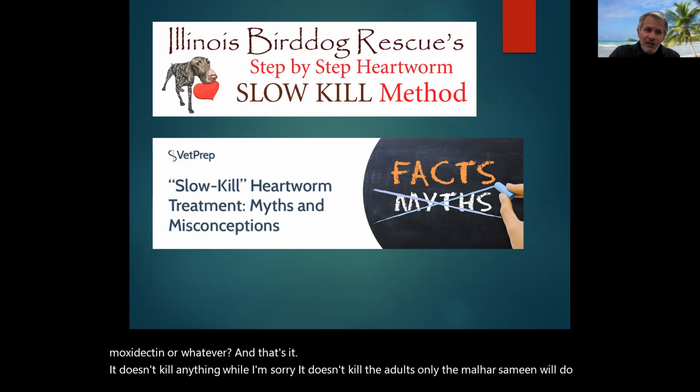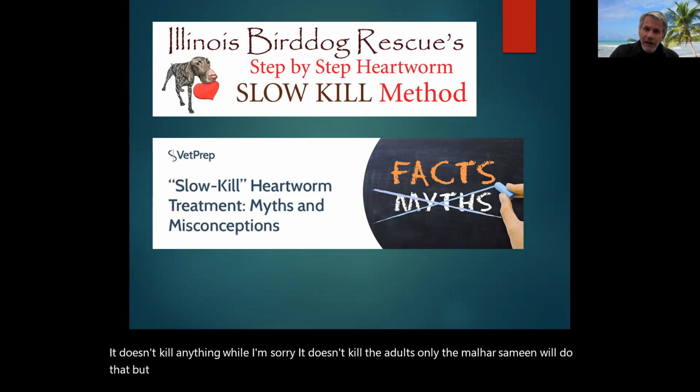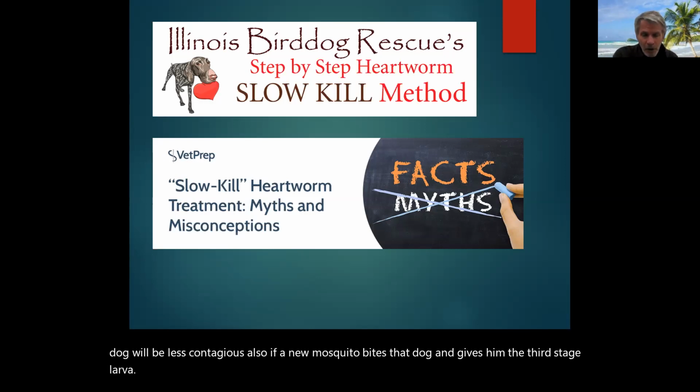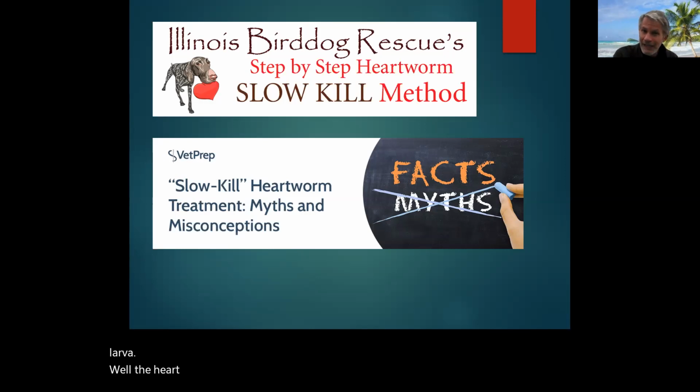But what happens is when these adults have their babies, well, it'll kill the babies, so the dog will be less contagious. Also, if a new mosquito bites that dog and gives him the 3rd stage larva, well, the heartworm preventive will kill it. So he shouldn't be a source for new heartworm, and he shouldn't catch any new heartworm.